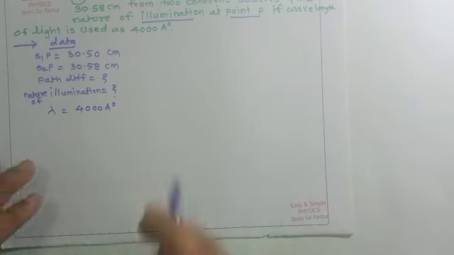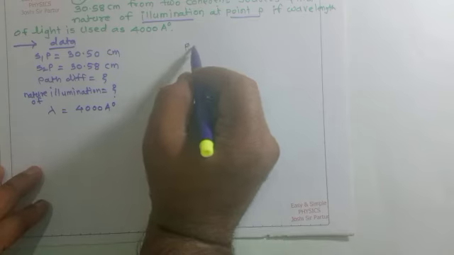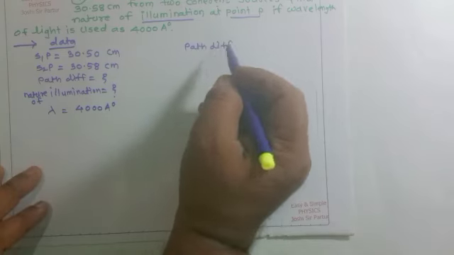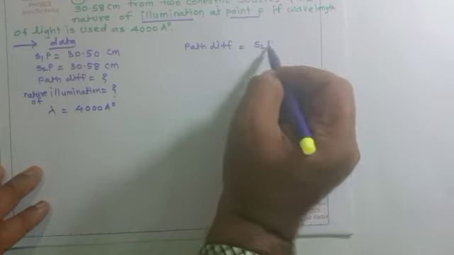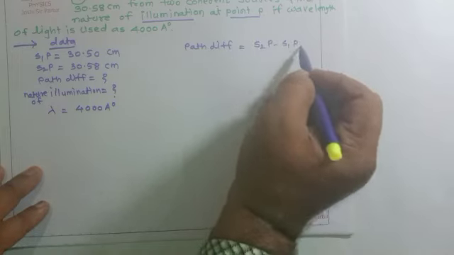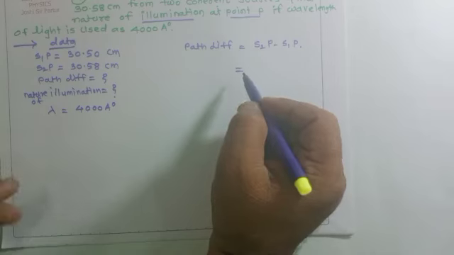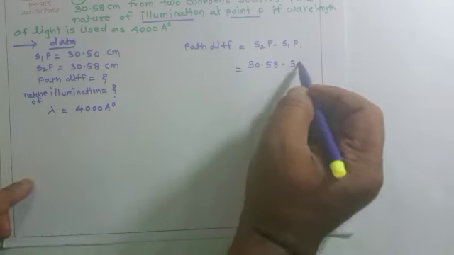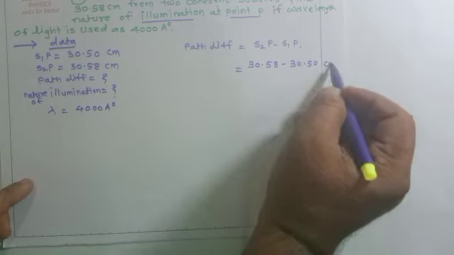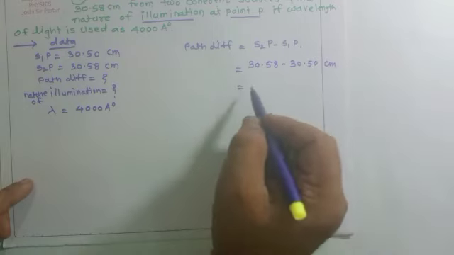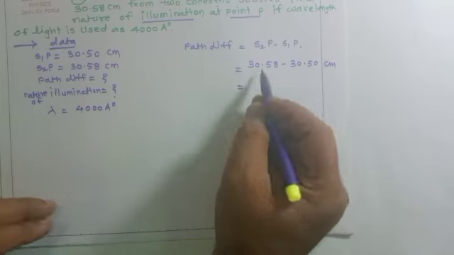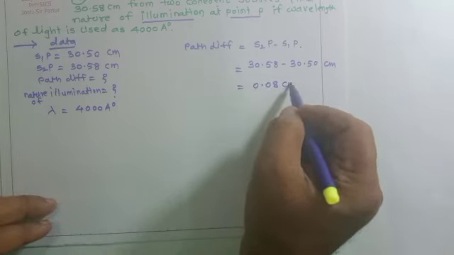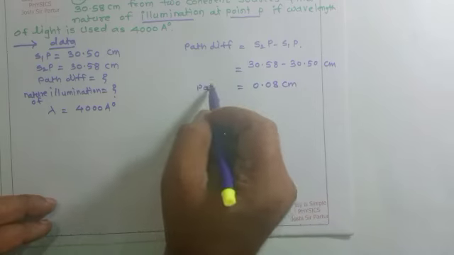In such case, we know that path difference is equal to S2P minus S1P. So S2P is 30.58 minus 30.50 centimeter. So here we find 0.08 centimeter, that is the path difference.